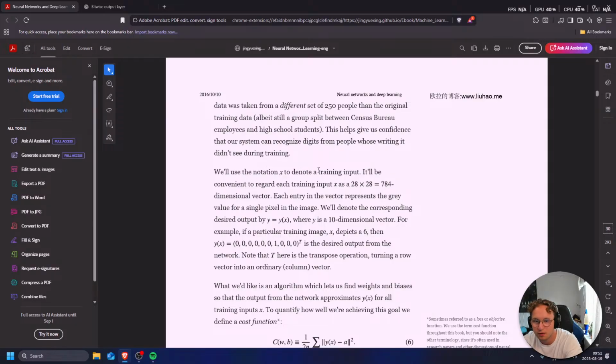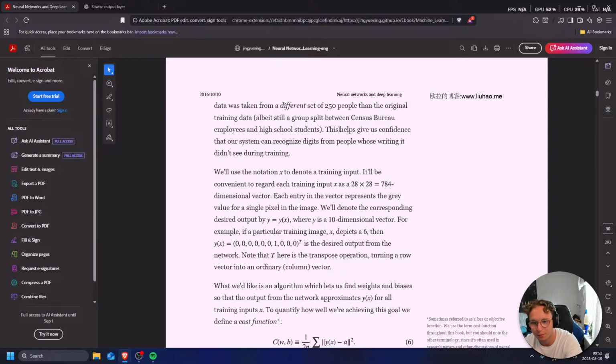We will use the notation x to denote a training input. It will be convenient to regard each training input x as a 28 by 28, which is equal to a 784-dimensional vector. Each entry in the vector represents the gray value of a single pixel in the image. We will denote the corresponding desired output by y(x), which is a 10-dimensional vector.